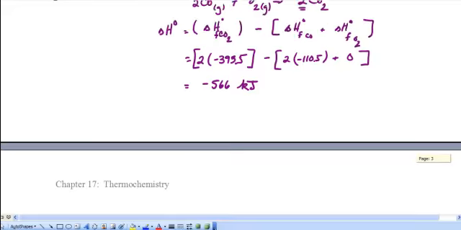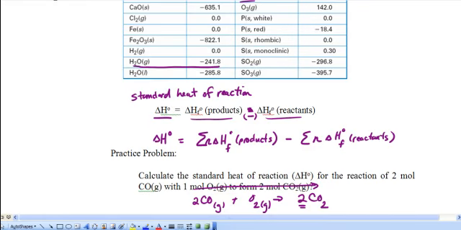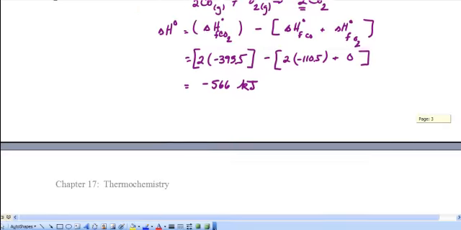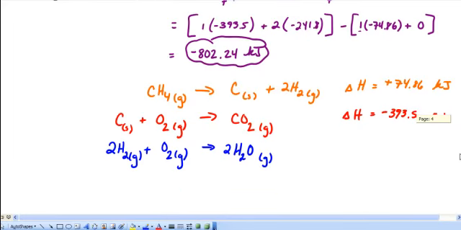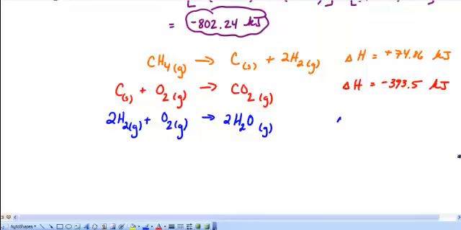And if you double check the water vapor, this thing is a negative 241.8, but you got to multiply that by 2 because you're forming 2 of them. So I'm going to say it's just a delta H equals 2 times a negative 241.8 kilojoules.